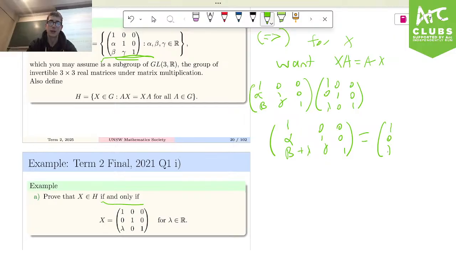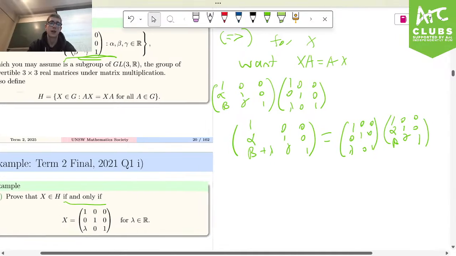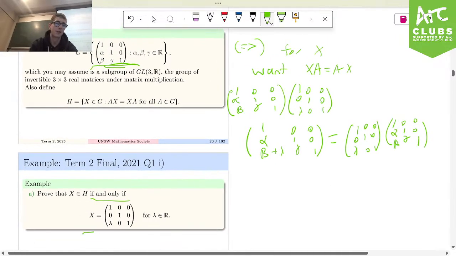You can verify this in your head if you would like. If we switch the order, that's what this would be: 1 alpha beta plus lambda, 0 1 gamma, 0 0 1.